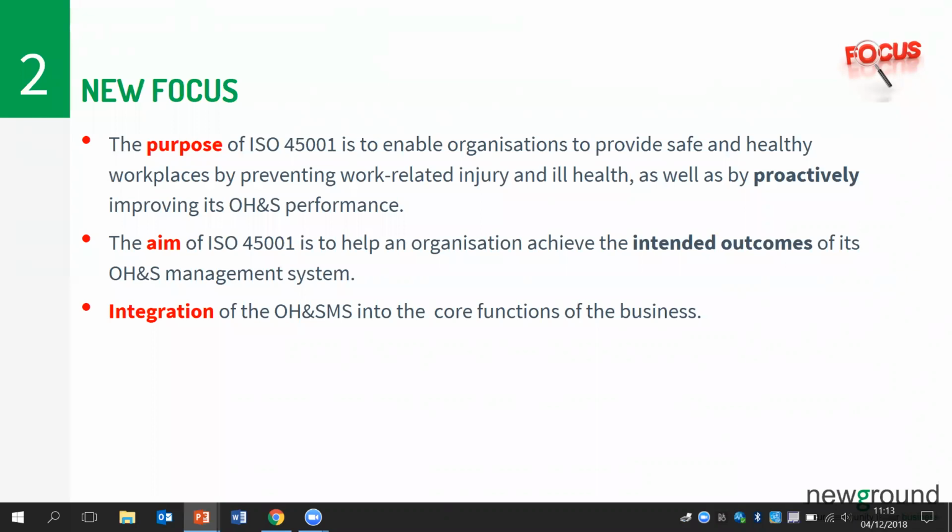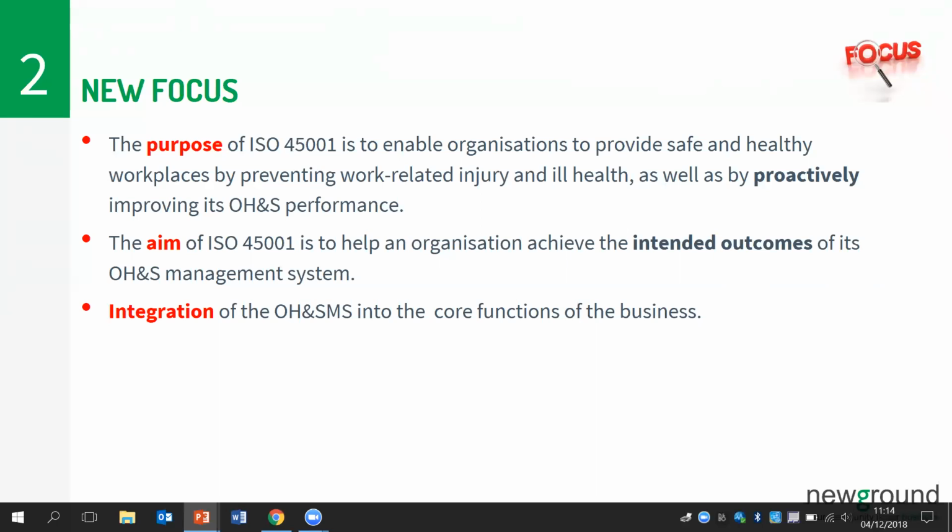This provides a different emphasis to 18,001, which was more concerned with controlling your occupational health and safety risks to improve your performance. So it could be argued that 45,001 puts a lot more emphasis on seeking continual improvement and for you to be proactive by not only addressing your risks, but by proactively looking for opportunities for improvement.